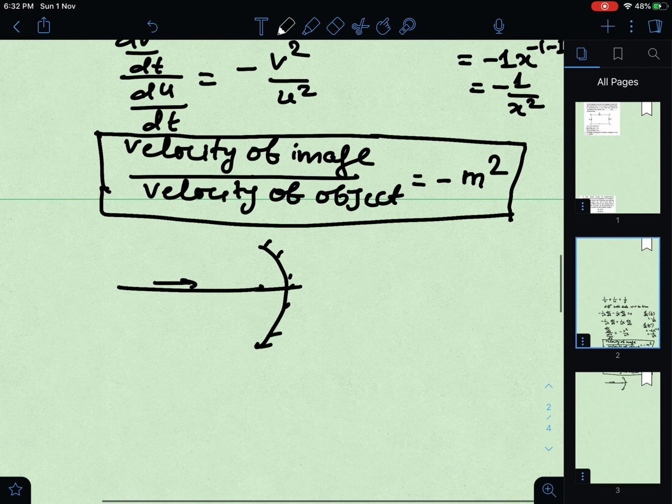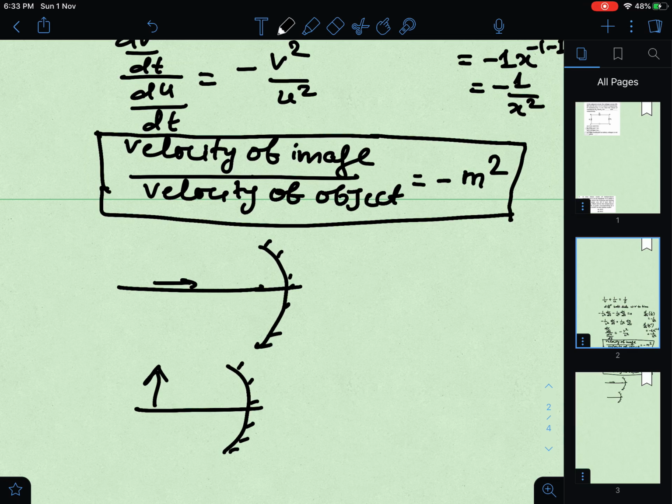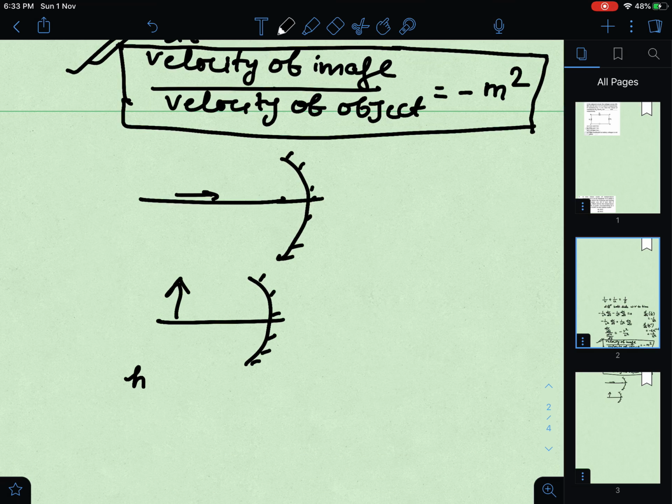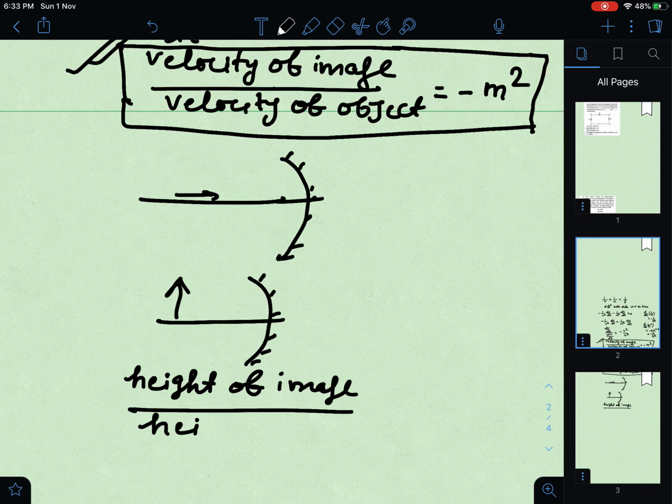But if, guys, the object is moving perpendicular to the principal axis, what will happen? I'll use another thing to justify this. Suppose the object is moving perpendicular to this principal axis. Along the principal axis this formula is valid, but if it is perpendicular to the principal axis, you know that height of image upon height of object is nothing but minus v by u.